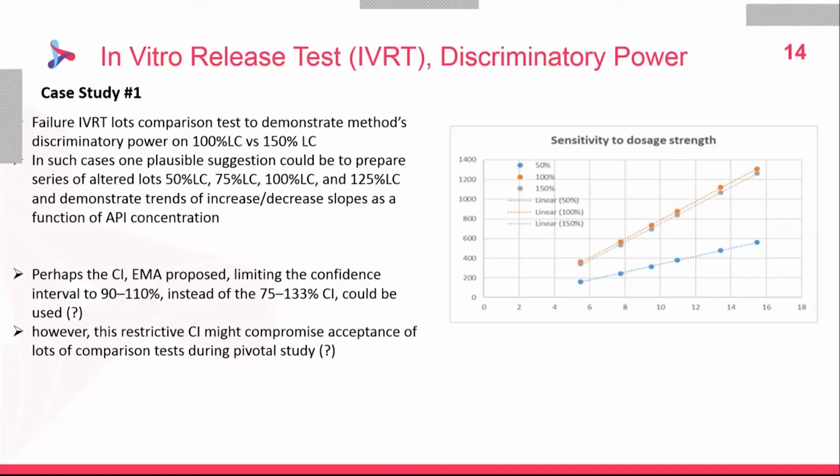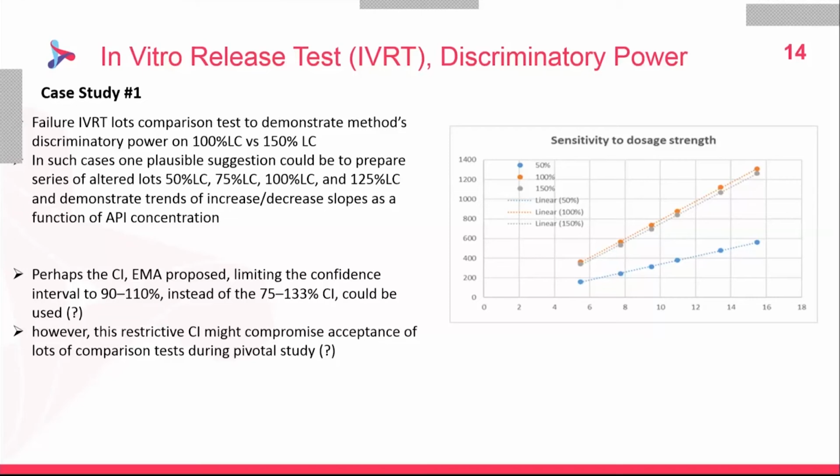Under the microscope, you can see the lumps, large API aggregations. Such products normally give the same or even less slope than RLD with high cell-to-cell variability due to uncontrolled release. That leads to failure of the IVRT lots comparison test to demonstrate the method's discriminatory power on 100% label claim versus 115.